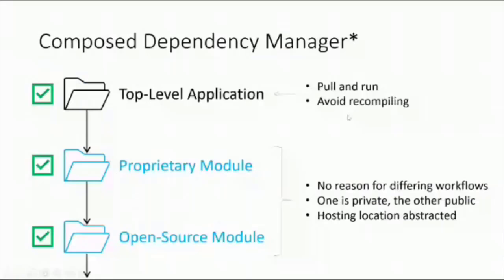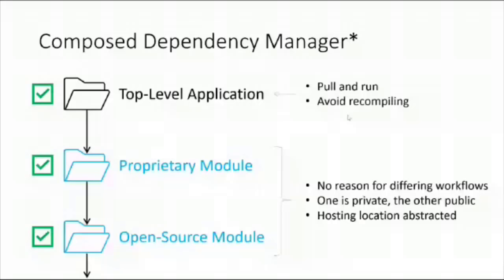So Compose Dependency Manager. Steve wrote a tool to help us navigate a lot of these problems. He wrote tools that script recompiling. He wrote tools that bring our externals from Git and put them on disk.